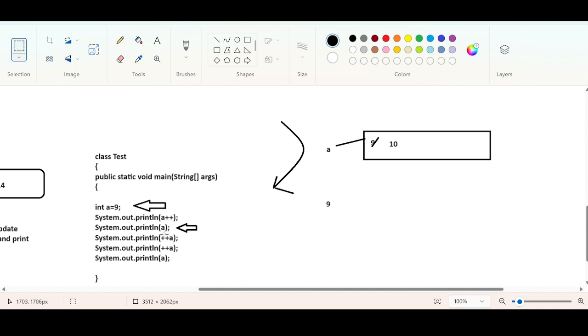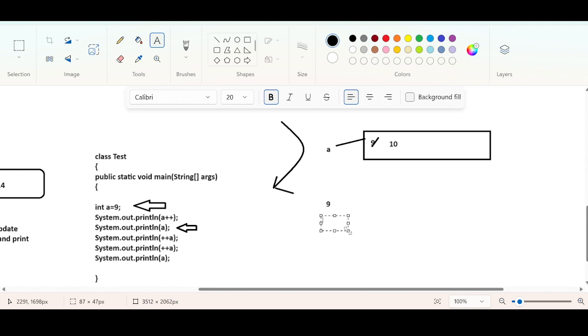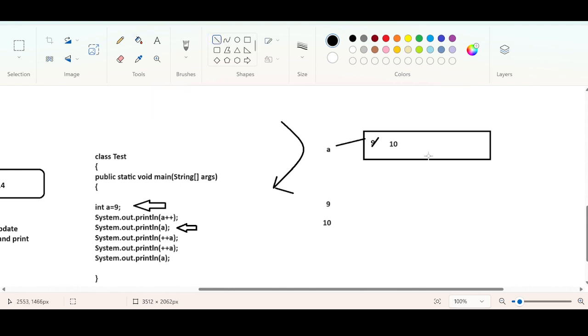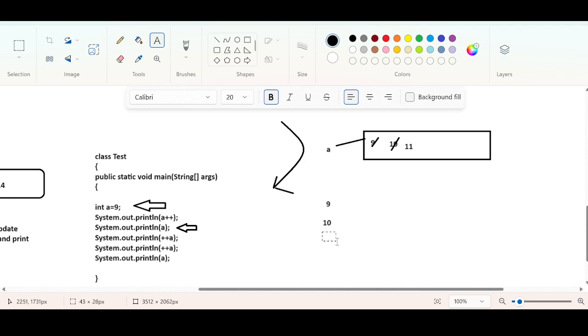Now we are directly printing a. The recent value of a is updated to 10, so 10 will be printed. Now we are doing plus plus a. Plus plus a means update and print. Update in the memory, print in the console. So 10 will be updated to 11. Now print in the console.